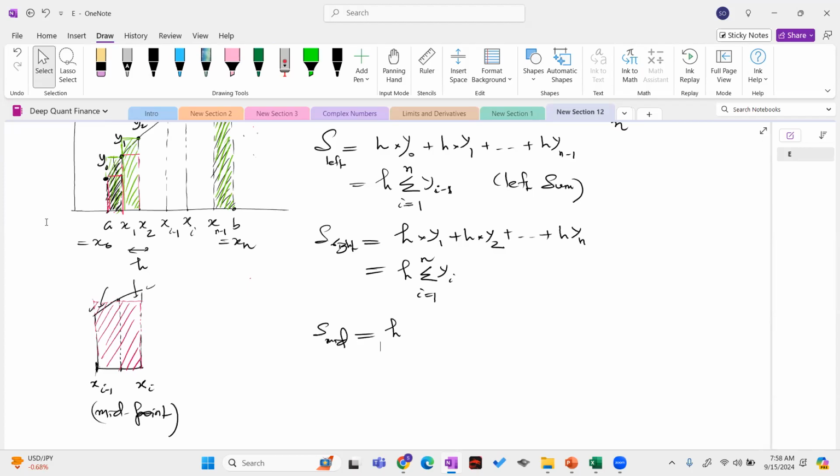Here's a tricky question. Pay attention. Should I write H times y0 plus y1 divided by 2 or something else? What is the first area if I use the midpoint rule?